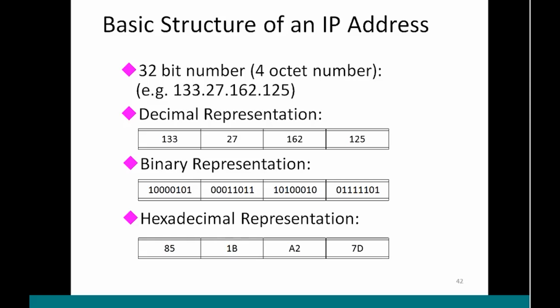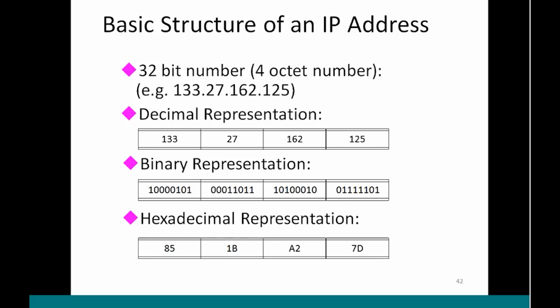Even though this is represented as 4 8-bit numbers, or 4 octets, in reality the network address could be some bits of information and the host ID a different set of bits.